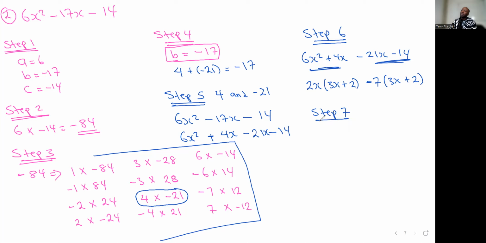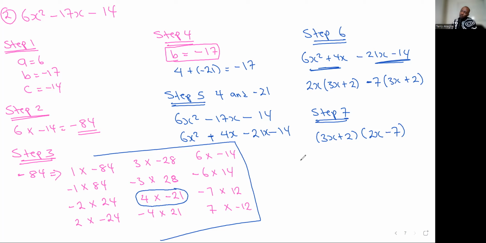Step 7, we'll pick out one of the common brackets, and then we'll pick the outside terms in the other brackets. So it becomes 3x plus 2 times 2x minus 7, all right? If you're just told to factorize, you stop at step 7.